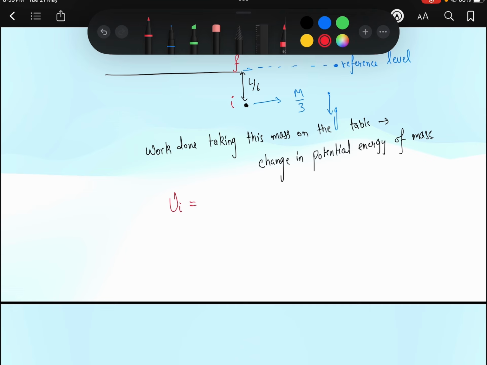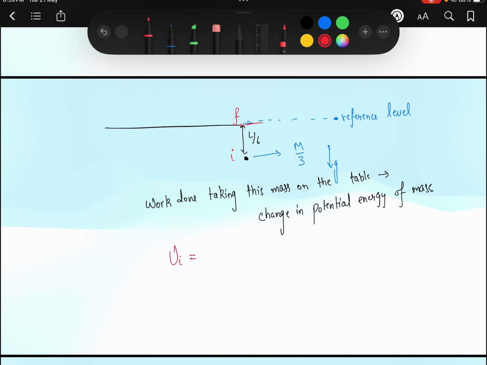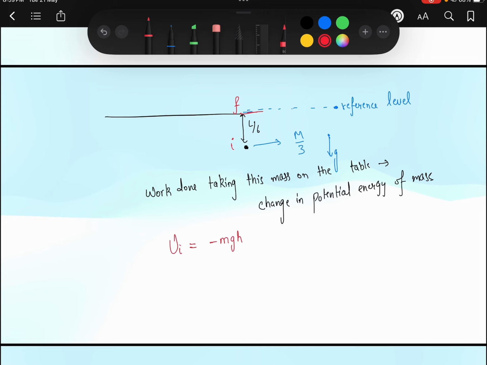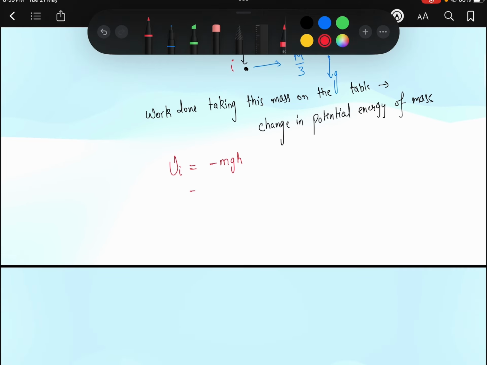If I am taking this table as the reference, then from this reference point the potential energy of this mass will be equal to negative of mg into the distance from this reference point. Mass is given as m by 3, negative sign, g into height, that is L by 6. So it will be equal to negative of mgL by 18.